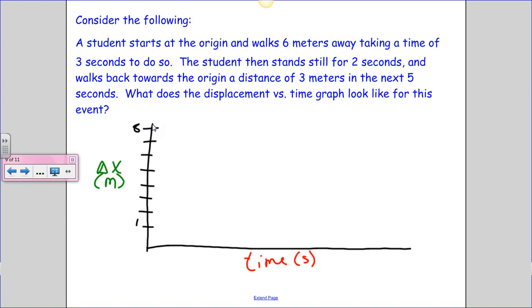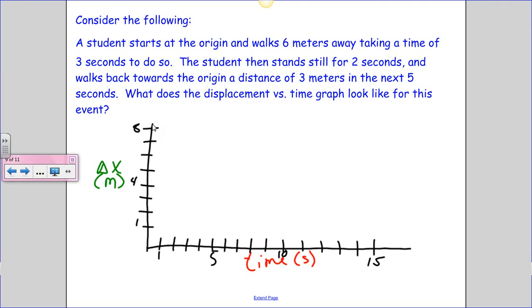And let's do time. 1, 2, 3, 4, 5, 6, 7, 8, 9, 10, 11, 12, 13, 14, 15. 5, 10, right here. Okay. So now, the blue is going to represent the movement of this person. And let's break it down into sections.